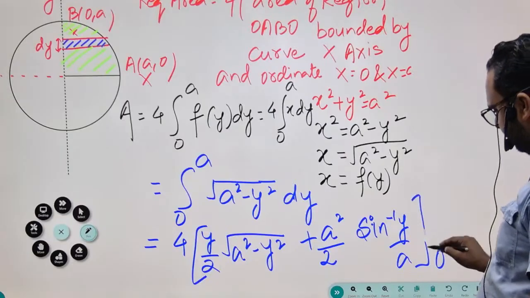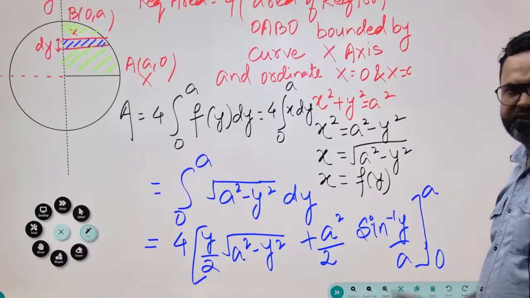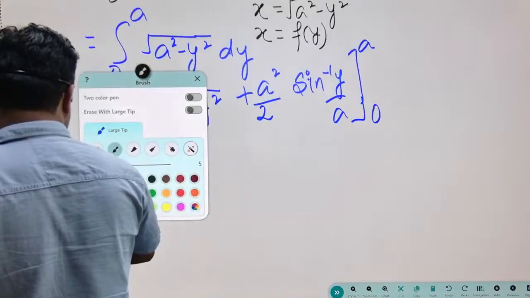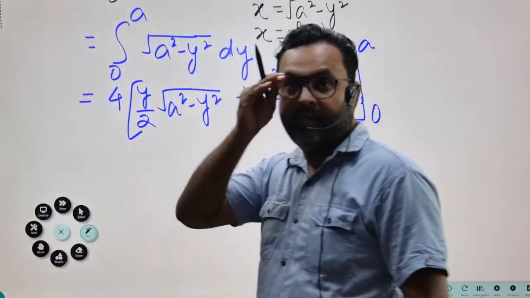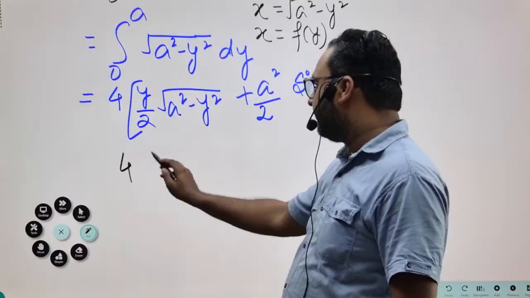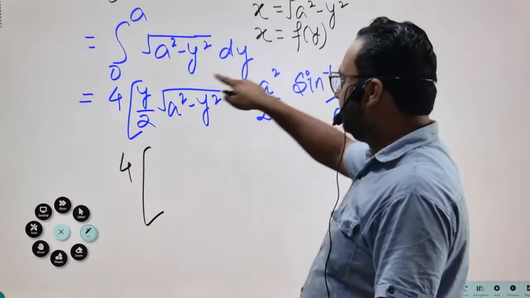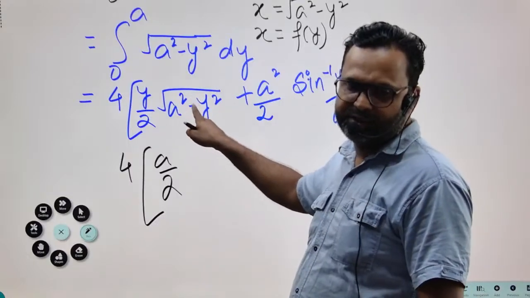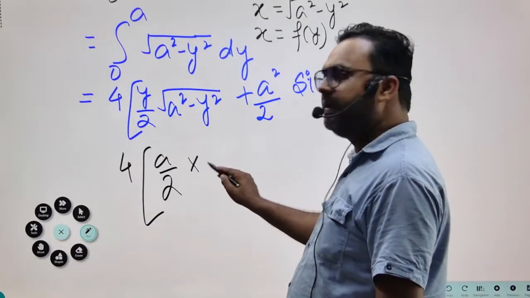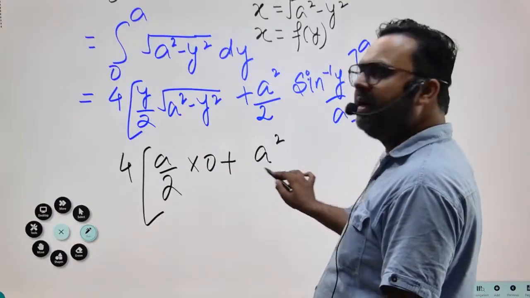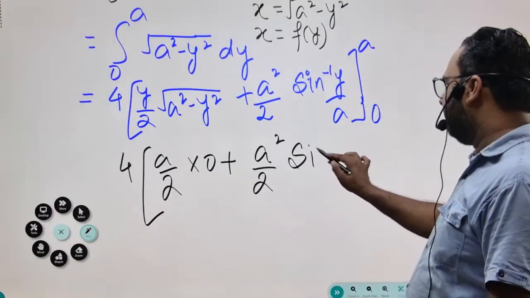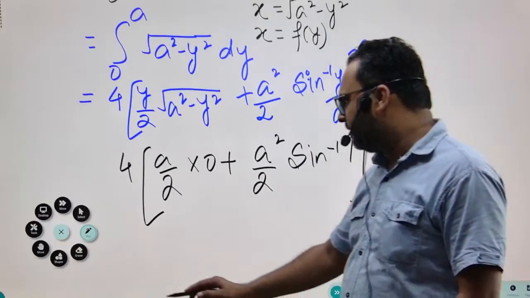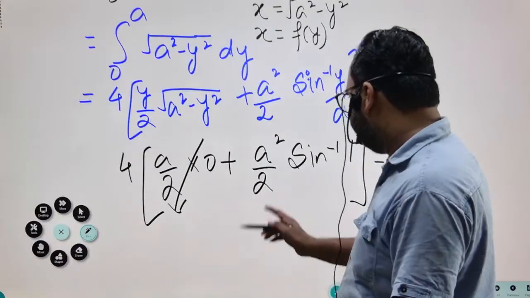Now substitute the values. Instead of y put a, so it is a by 2 root of a square minus a square, which is 0, plus a square by 2 sine inverse 1 minus 0. This whole term becomes 0, then multiply.